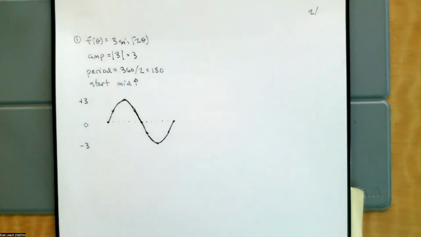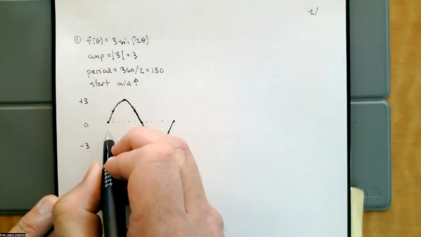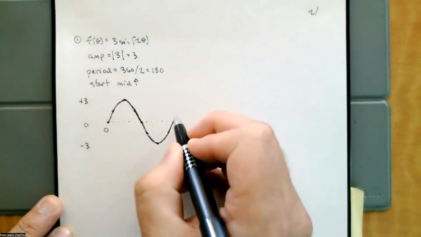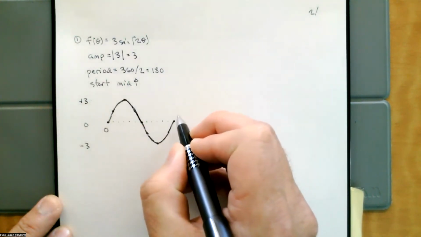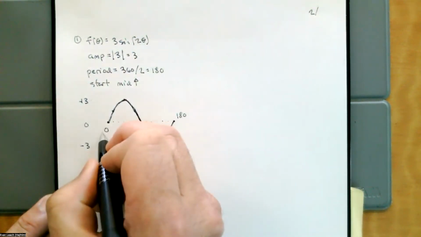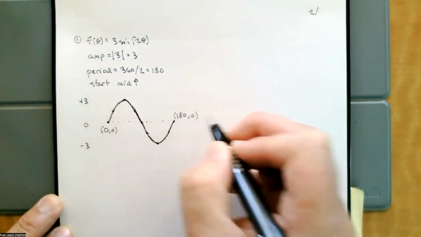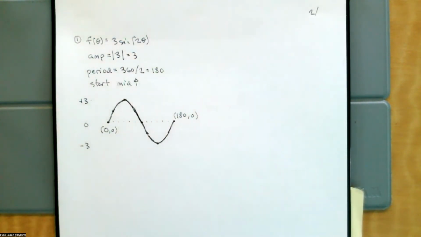Also, we want to label the period. We know that this starts off at 0, and we know that this ends at 180. So 0, 0, and 180, 0. There's my start and my end of one cycle. The rest of it is just divided in 4.